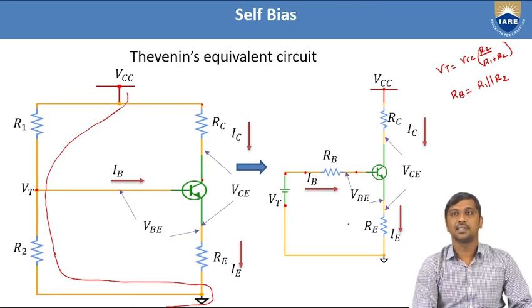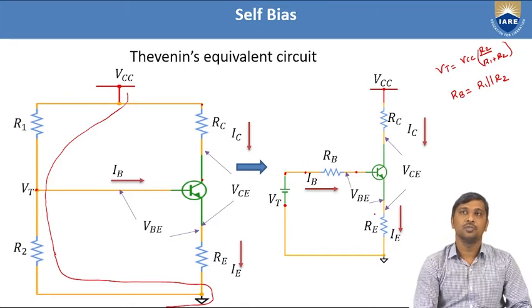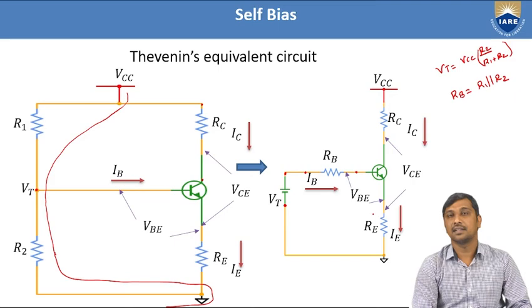Now by using this Thevenin equivalent circuit, we need to identify the Q point or operating point. We know that the operating point is a function of the output current and output voltage. For this configuration, the output current is the collector current and the output voltage is VCE, the potential difference between collector and emitter.